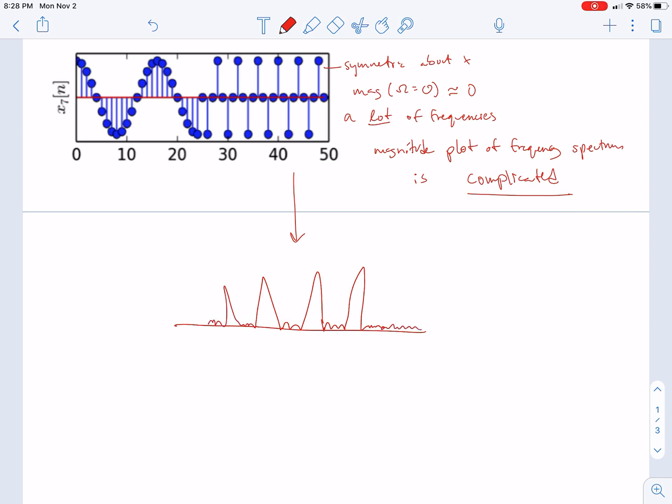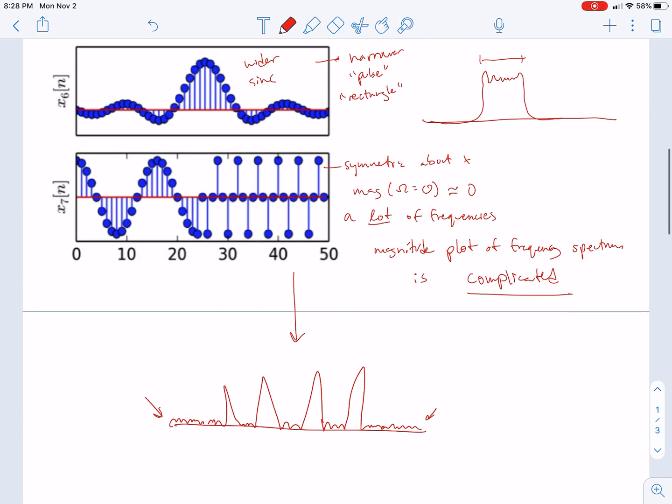It has a lot going on. It has all of these little bits of different frequencies tailing off as well. So something that looks like you can't quite predict its frequency representation from the time domain, you're probably just going to match it with whatever the most complicated one is.